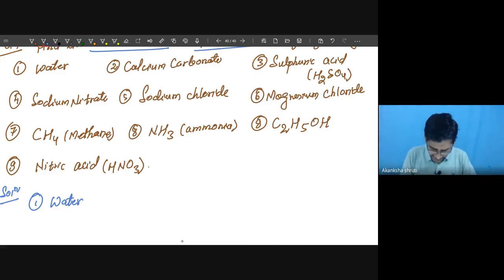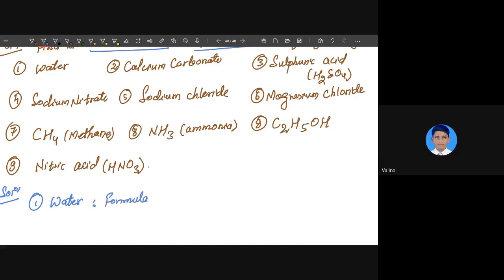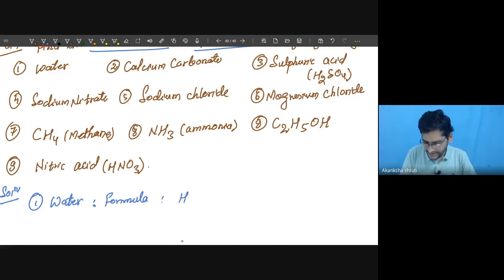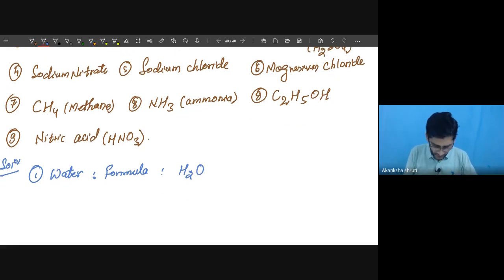So for water, first write the formula. What is the formula of water? H2O. Very good. So for getting the formula mass or molecular mass of water, you have to take each element. The first element is hydrogen, but this hydrogen is present 2 times, so twice the atomic mass of hydrogen.